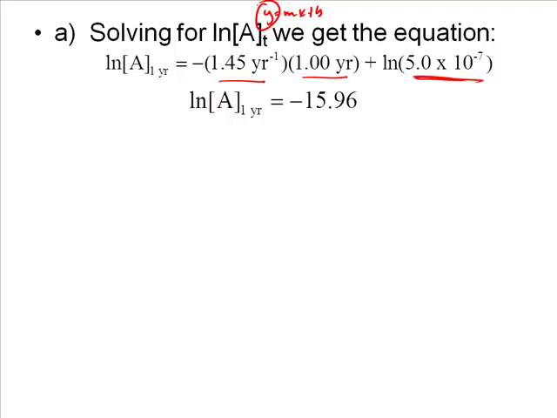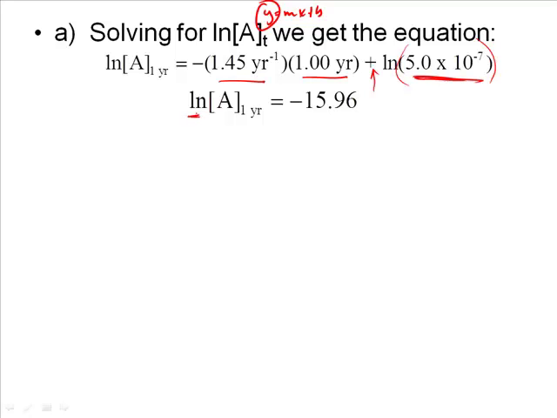Once you solve this part, put it in your calculator. I would do this part first, then hit plus, then hit natural log, and put this part in parentheses. You should get an answer of negative 15.96.